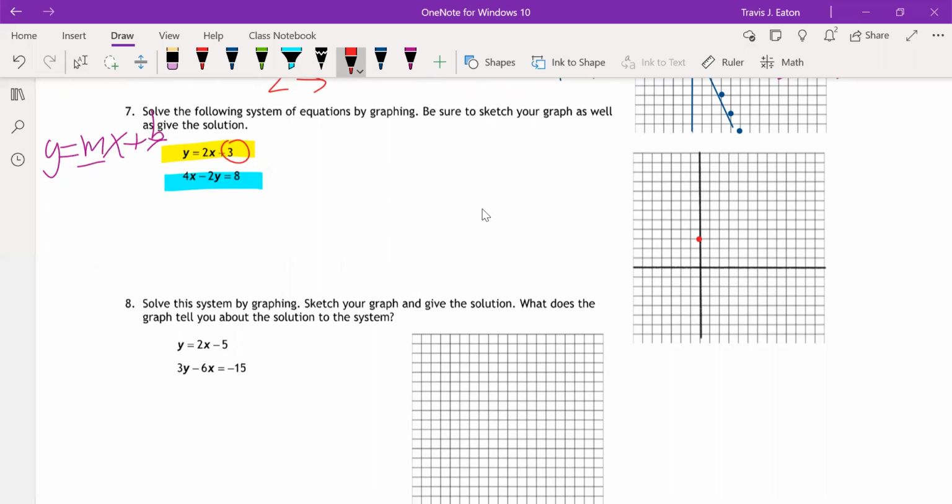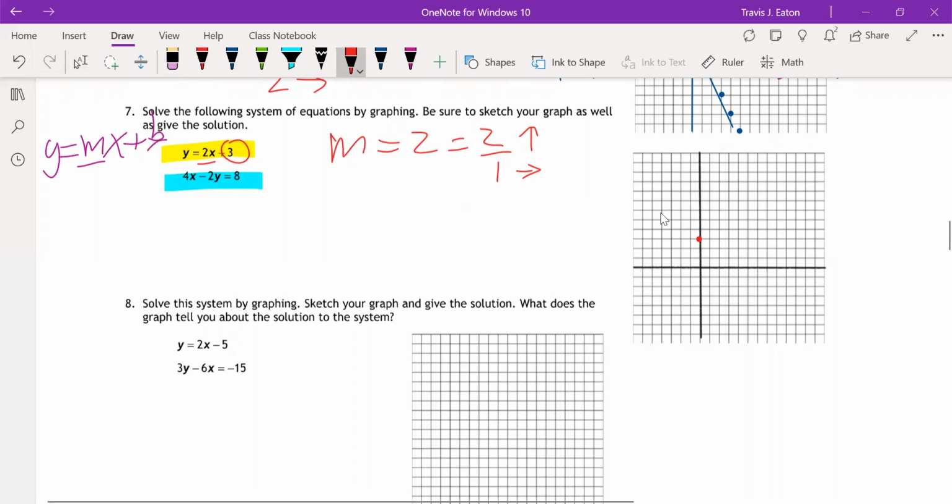And then we'll also notice that it has a slope of 2. So that means from that point, remember, when we have the slope, m equals 2. That's the same thing as 2 over 1, meaning we're going to go up 2 and to the right 1 from that spot.